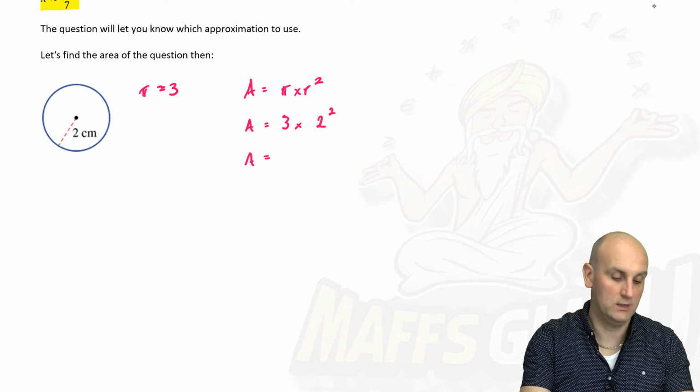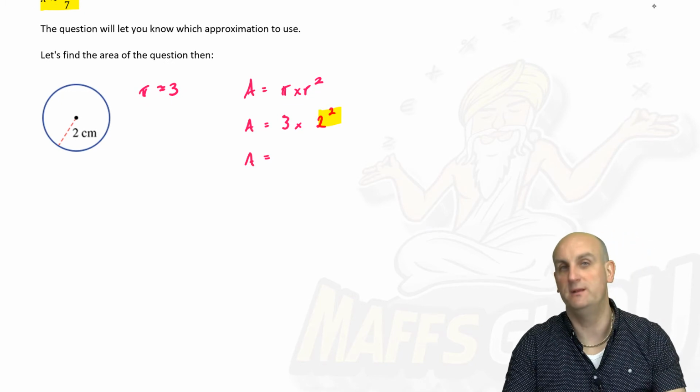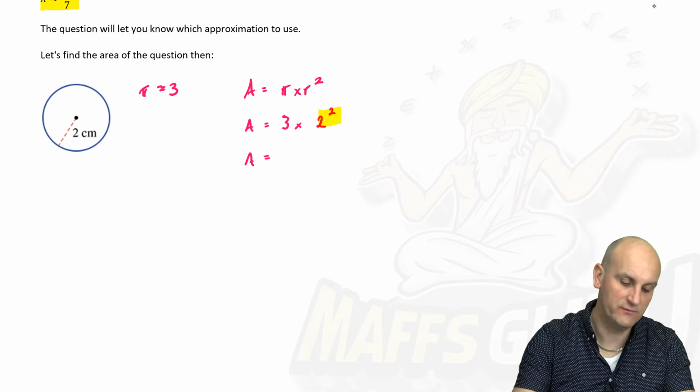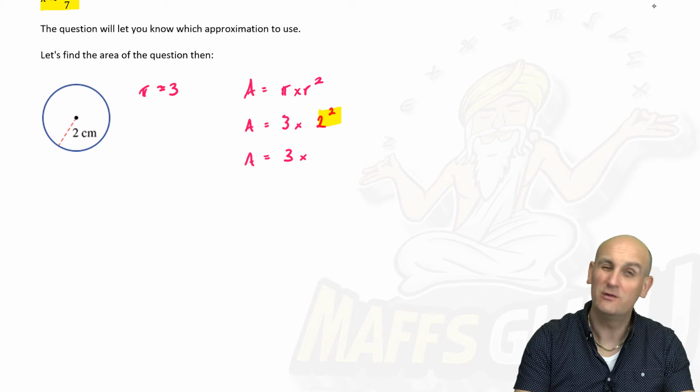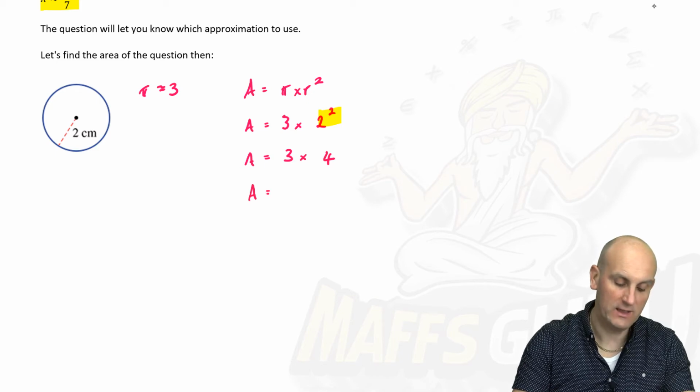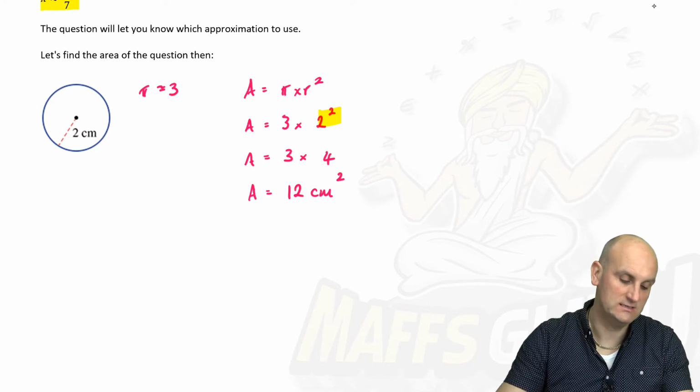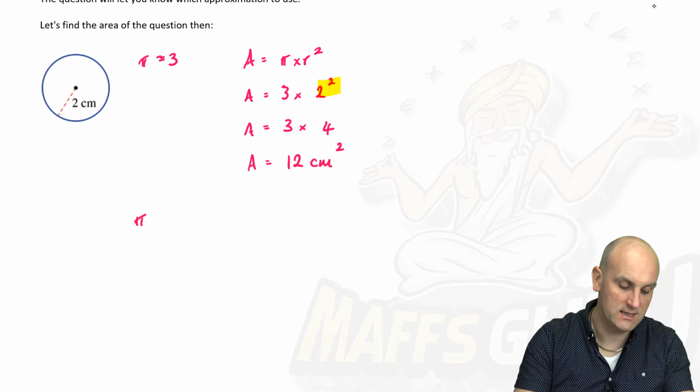Now, when you do this type of stuff, you have to make sure you do BIDMAS. And that says brackets, indices first. So you have to do that floating number first. So that becomes 3 times 2 times 2 is 4. And so area becomes equal to 12, in this situation, centimeters squared. Easy peasy, lemon squeezy.